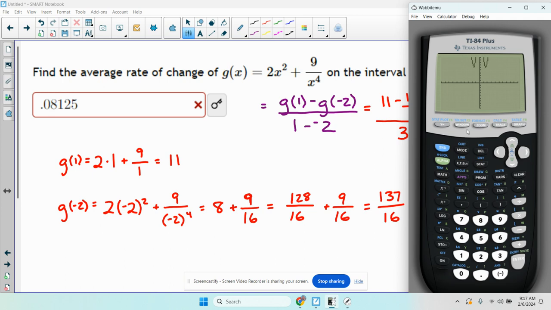Probably have to zoom out a little bit. Oh, I'm on the wrong graph. I'm on a stat graph right now. Let me get rid of that. That's why that's not working. Now we go back and trace.